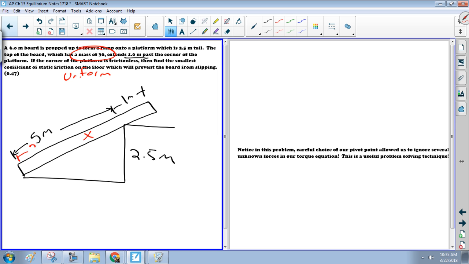So 3 meters up. So that's going to give us a force of gravity of 30 times 9.8, which is 294 newtons. We can make it negative if you want. Everybody good so far? All right. Depending on how you count, there are 2 or 3 more forces on this thing.